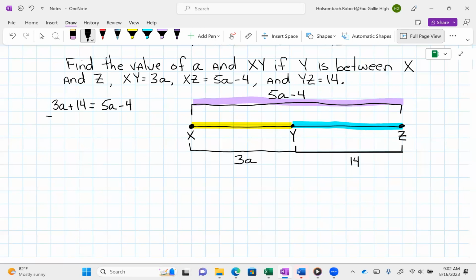So then we're going to subtract 3A from each side. And 14 will equal 2A minus 4. We can add 4 to each side.